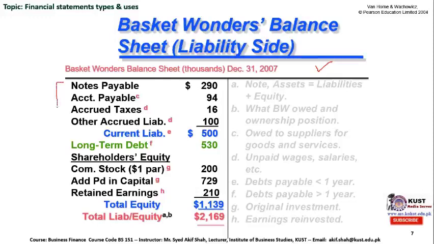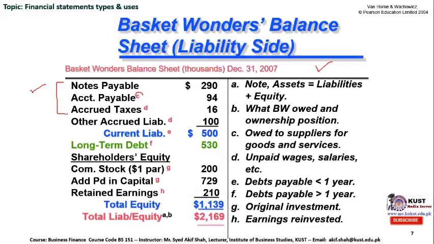So we are required to mention the liabilities of the company first, starting with notes payable, which is mandatory to be paid out, since we have made or written down an agreement with the body from where we have obtained this loan. However, the accounts payable, which is supposed to be paid out within 30 days, refers towards point number C, like owed to suppliers for goods and services.